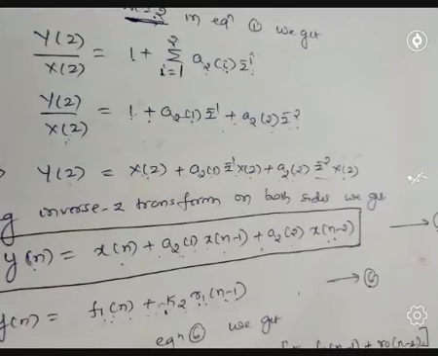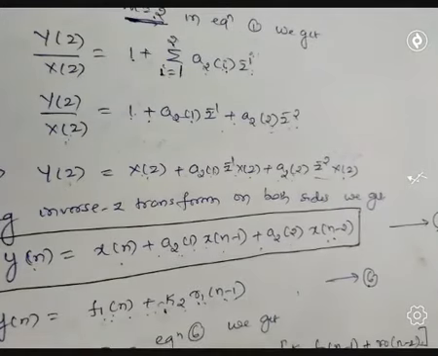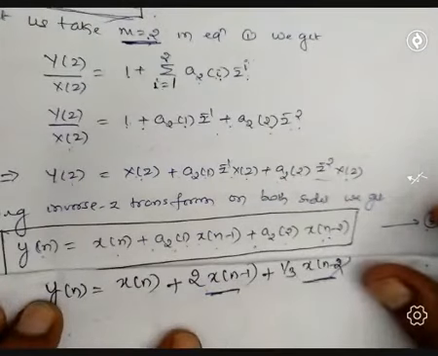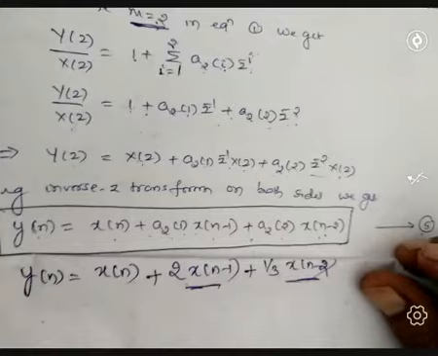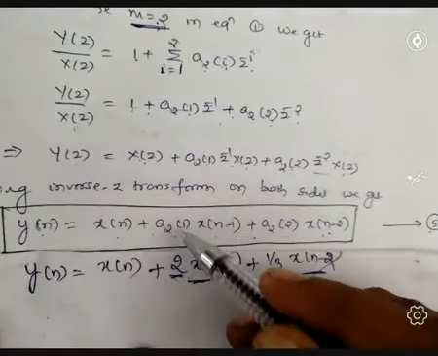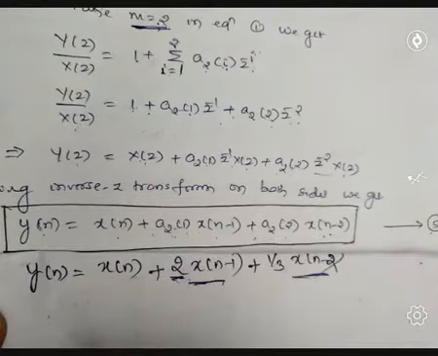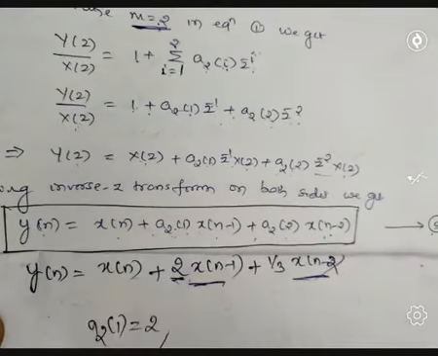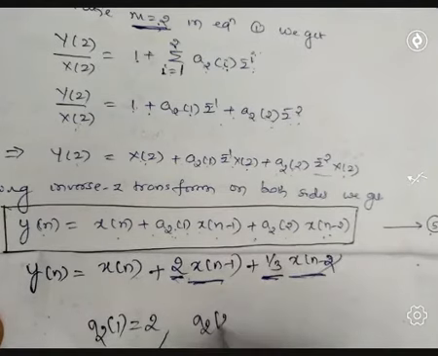After comparison, x of n is as it is, 2 indicates a2 of 1. Hence we write a2 of 1 equal to 2, and 1 by 3 indicates a2 of 2 equal to 1 by 3.